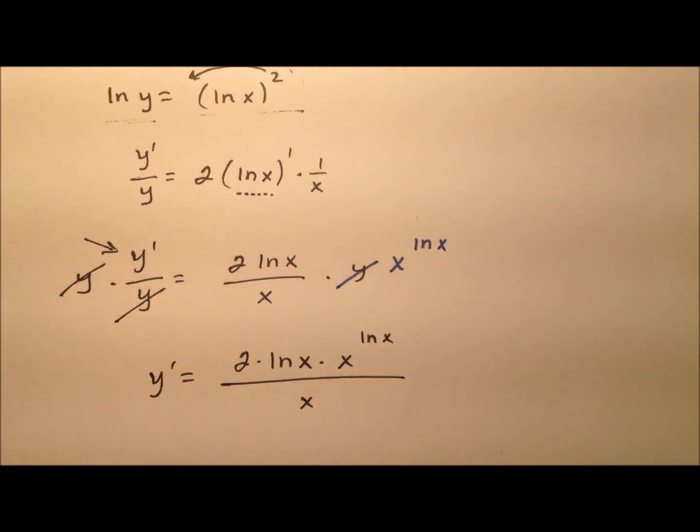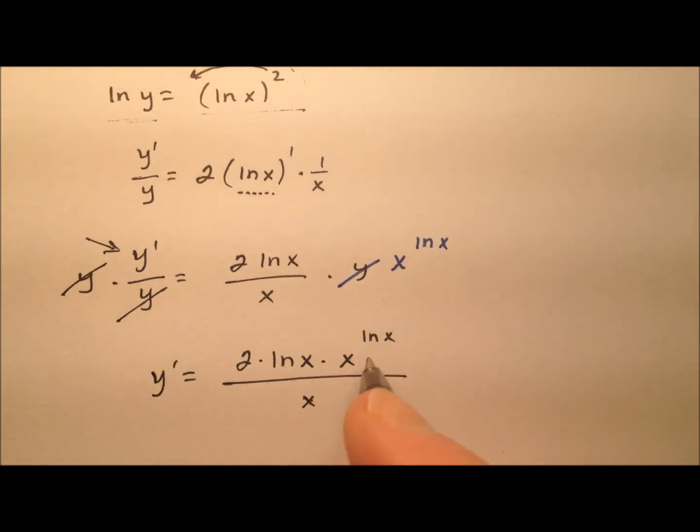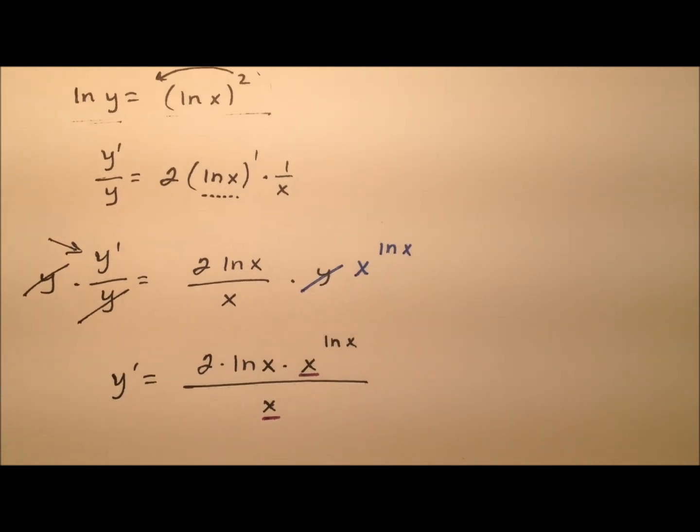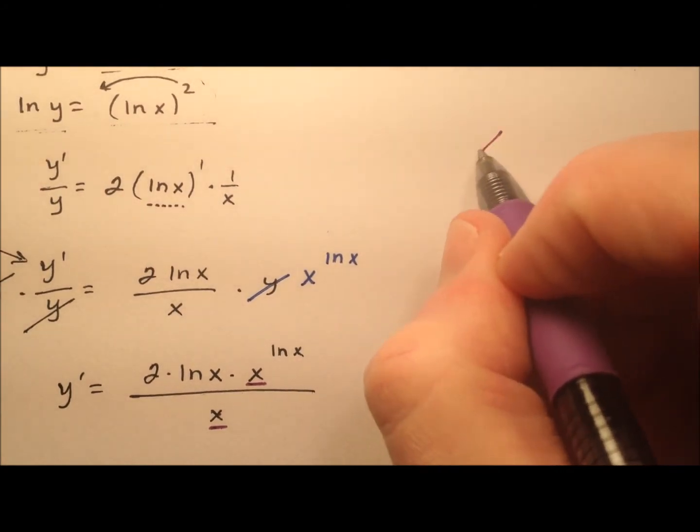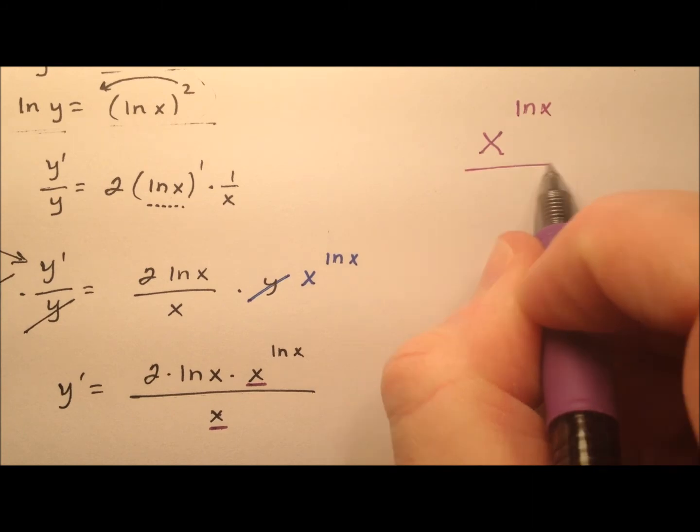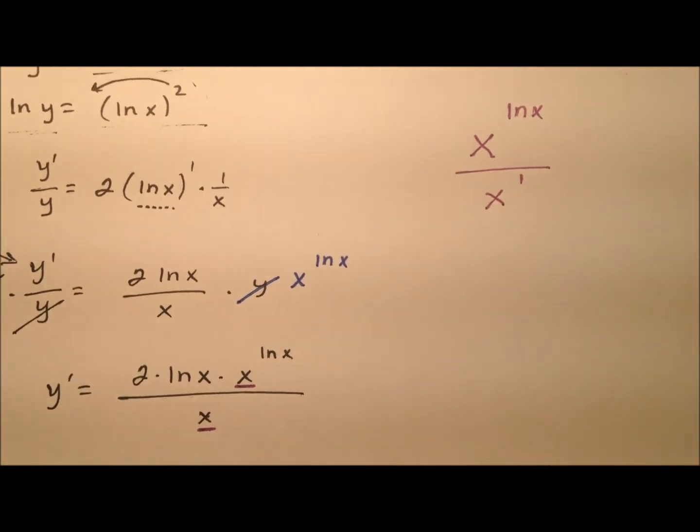At this point you could probably do a little something, because I notice that I'm dividing these two terms and they have the same bases. So let's come over here a little bit and rewrite this. I have x to the power of the natural log of x and then x to the power of 1.